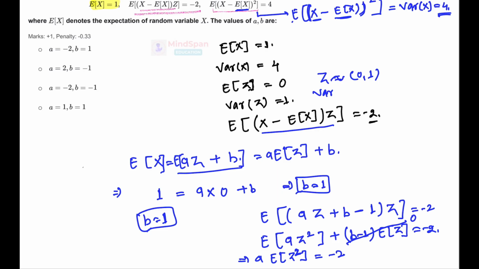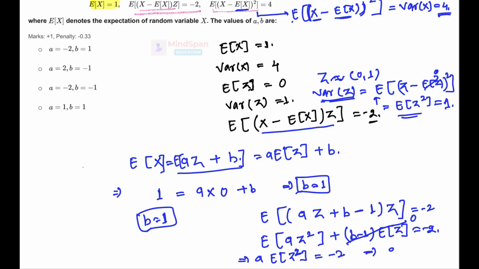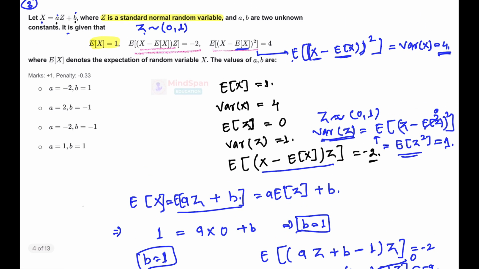As per the definition, the variance of Z is equal to the expectation of (Z minus the mean) whole squared, that is, how far from the mean. So this is the definition of the variance of Z, right? The mean is 0, right? So here the variance of Z is nothing but the expectation of Z squared, and that is given as 1, right? So this quantity will be 1, so we have found that a is equal to minus 2, right?